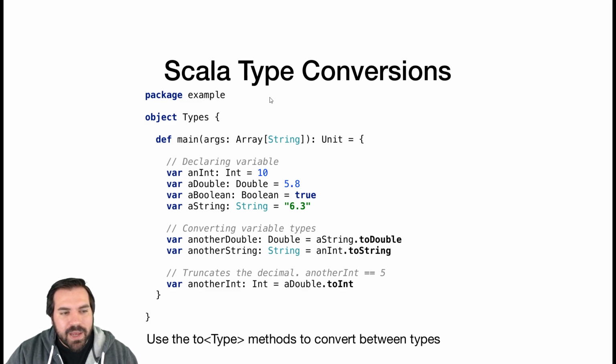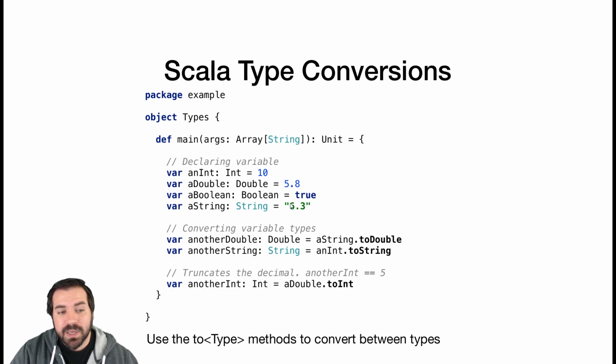So we have all these types: int, long, Boolean, double, string. Sometimes we have one type and we want to convert it to another type. To do that, Scala has a lot of methods in these classes, in these objects, that are to and then whatever type we want to convert to. So for this example, we create an int, a double, a Boolean, and a string.